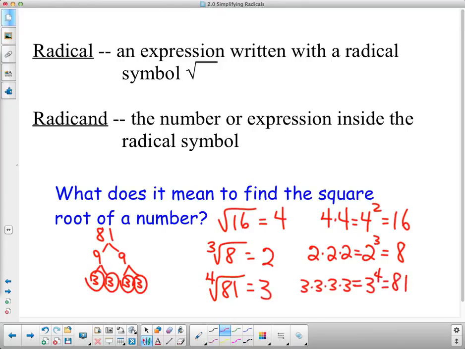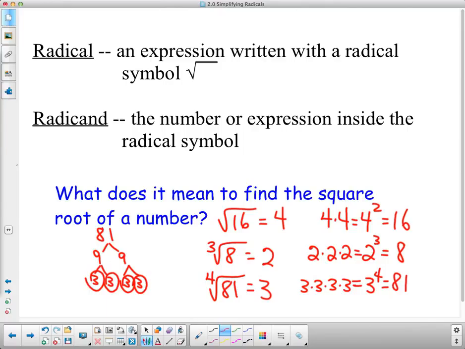So what we're going to be doing today is using the factoring tree to help us break it down into prime factors and look for the right number of factors that are identical. If we're reducing something to the 4th, we want 4 identical factors. To the 3rd, we want 3 identical factors.